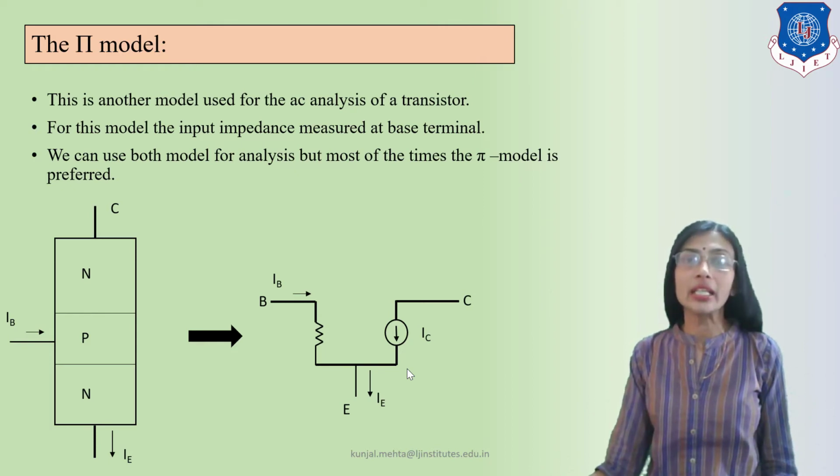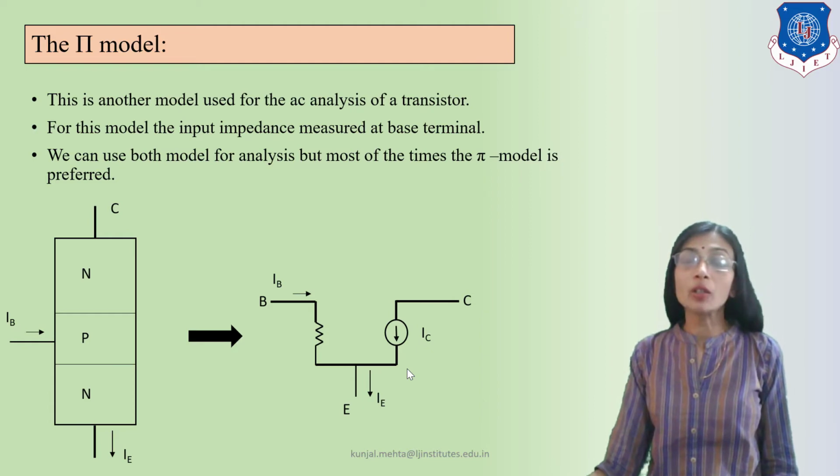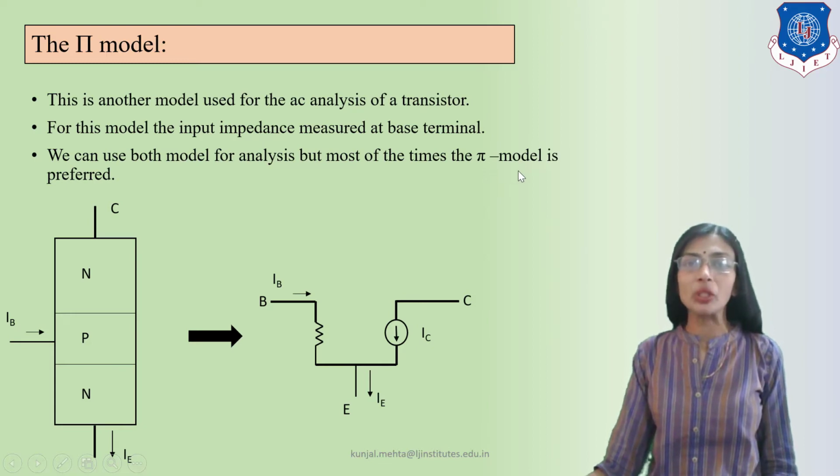So these are the AC model assumptions, and AC analyses are based on the T model and pi model. In old times we used the T model, but nowadays we prefer the pi model. It is drawn like this. Again, I am repeating, this is the input port and this is the output port.